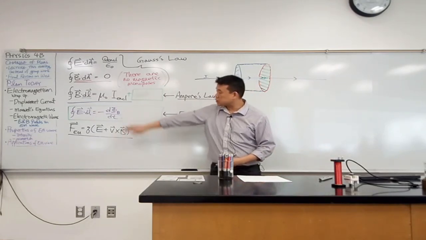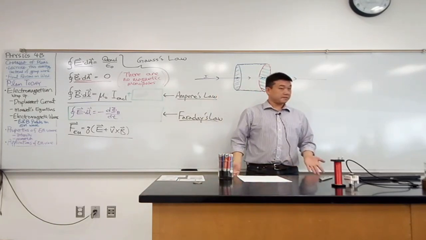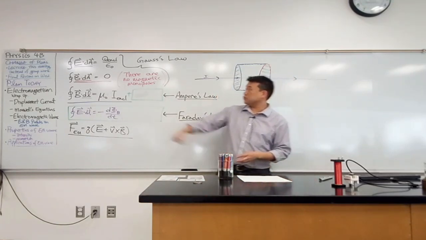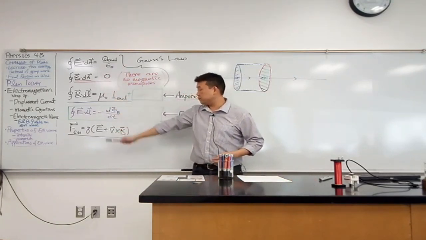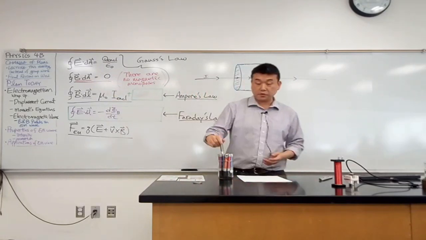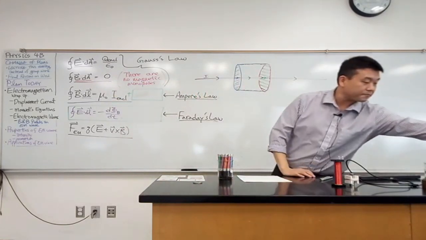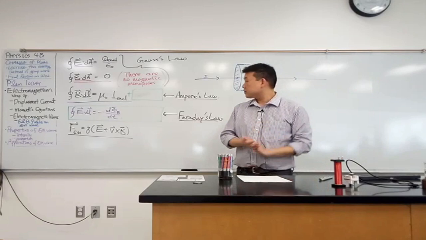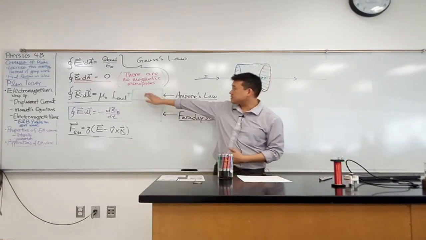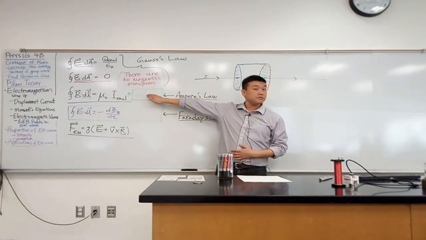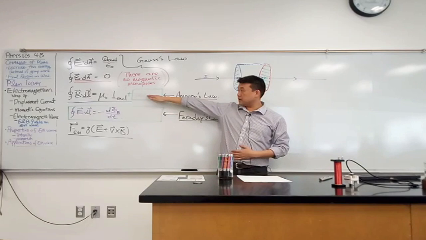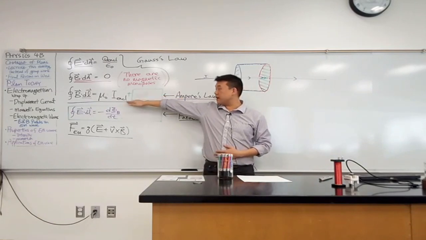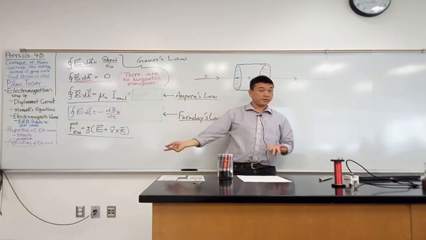So this is the first of the two missing pieces that you can get based on the laws of electromagnetism that you already know. And what we are going to spend the rest of today talking about is this last piece. It turns out Ampere's law, as you know it, is incomplete.